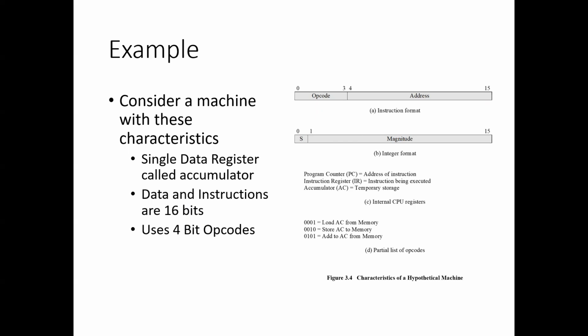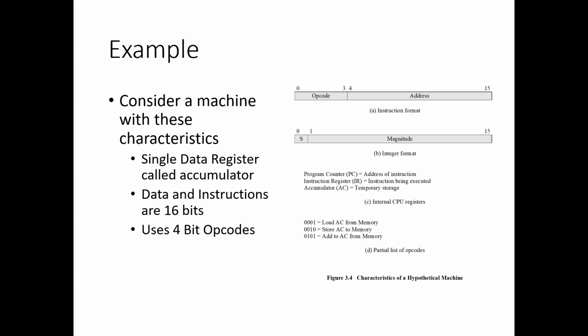If there's an actual value, then it will have a sign and magnitude notation in this hypothetical machine. We'll talk about different ways of dealing with numbers beyond sign magnitude, and you'll probably be familiar with 2's complement from 266.